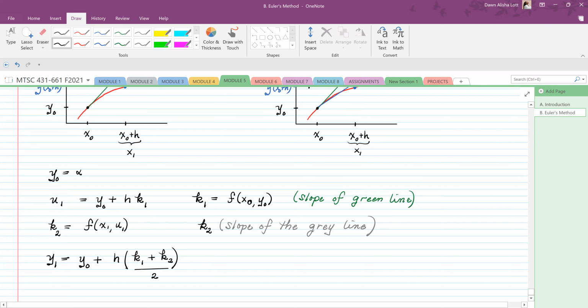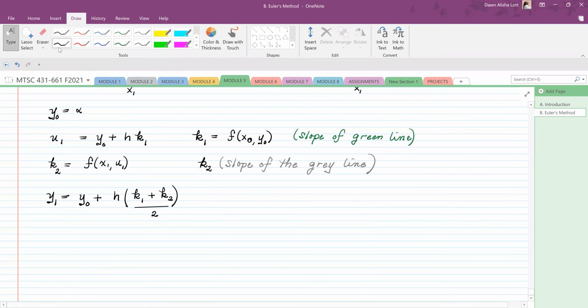Okay, so how do we write that? Our improved Euler is as follows. Here's the algorithm.